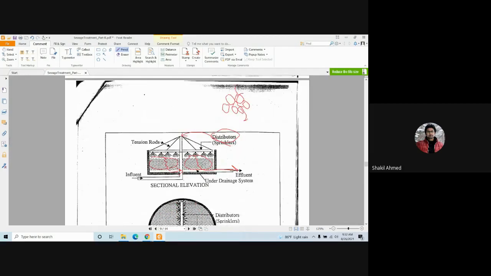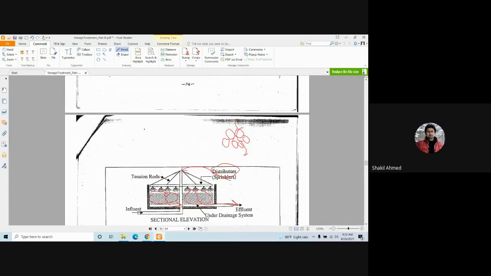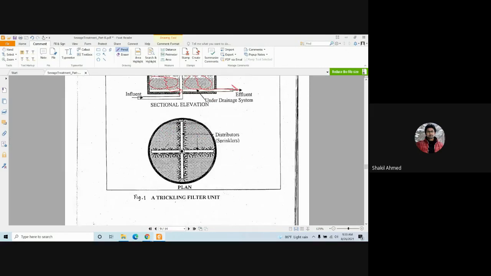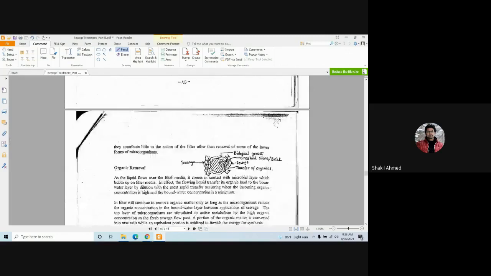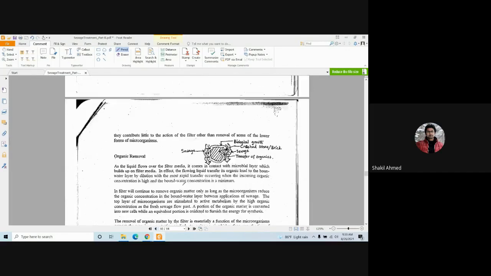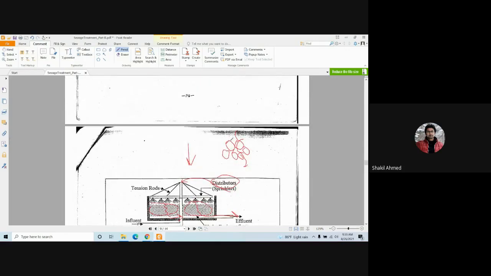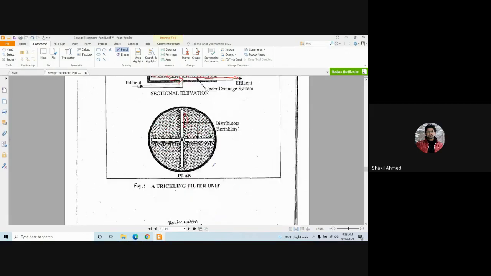Now while the sewage percolates through the media, the sewage is getting treated. How? I'll show you. If you look at this figure from the top, that means plan view, it will look like this. These are the sprinklers. Now let's take one aggregate from here, one stone, and bring it here.